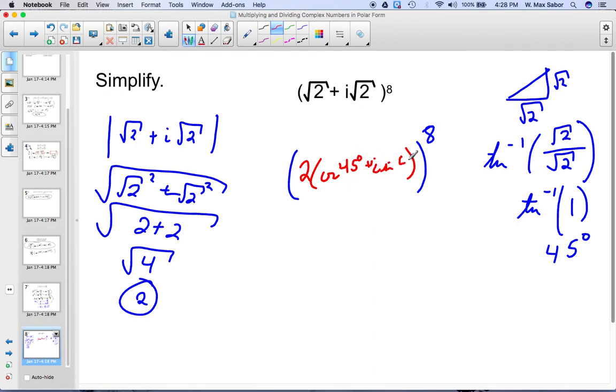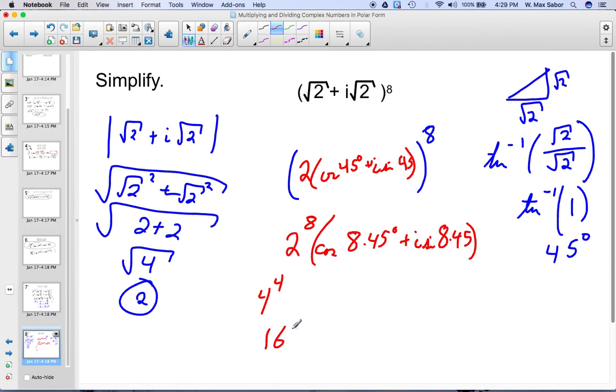Now you don't have to do this. You could do it out the other way, but I honestly believe that this will be faster, because now we're doing 2 to the 8th, and then we'll do 8 times 45 degrees, and i sine 8 times 45 degrees. 2 to the 8th is 4 to the 4th, which is 16 squared, which is 256.